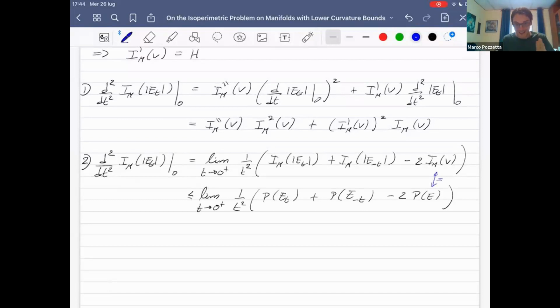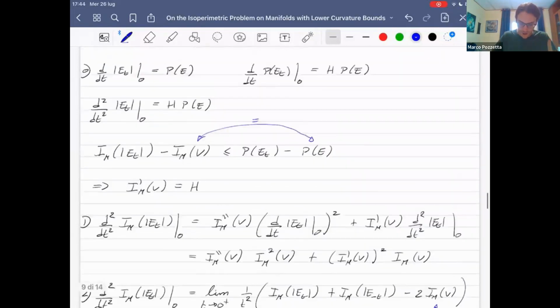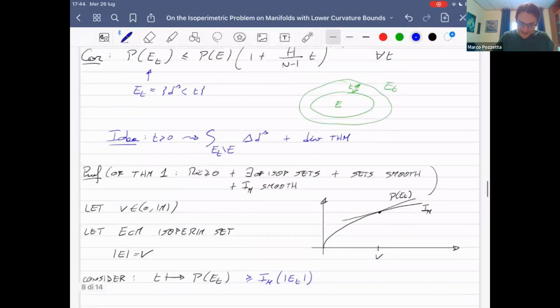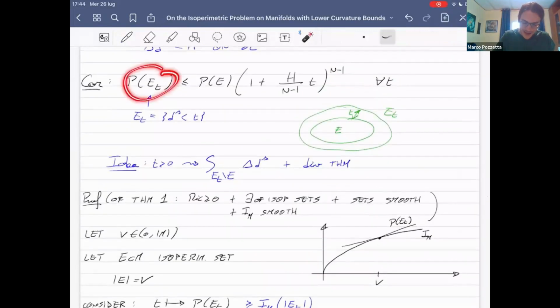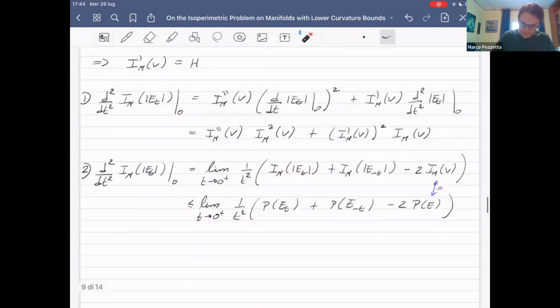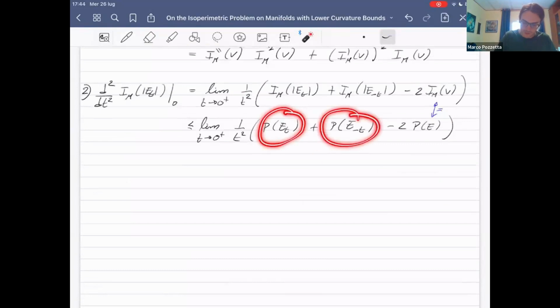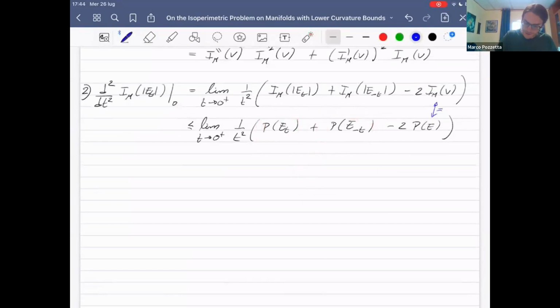And finally, I now use the corollary that I told before. I haven't used it yet. If you remember the corollary above, I go above just for a while. The corollary above exactly gave me an upper bound on the perimeter of E_t. And so this is the moment where I apply this upper bound in order to estimate these two terms from above.